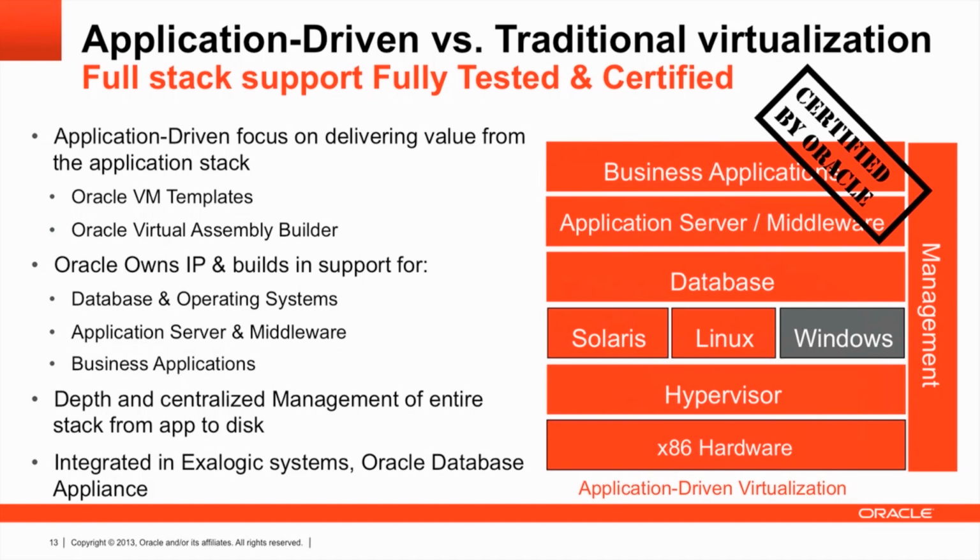And that's unique to Oracle because Oracle owns the IP to every single layer of the offering, from the hardware all the way up to the management console, including the operating system.